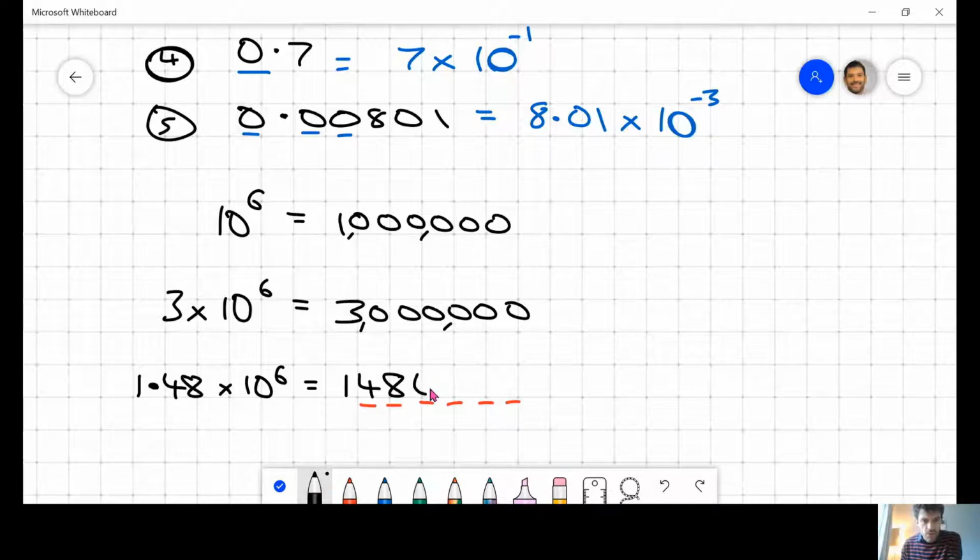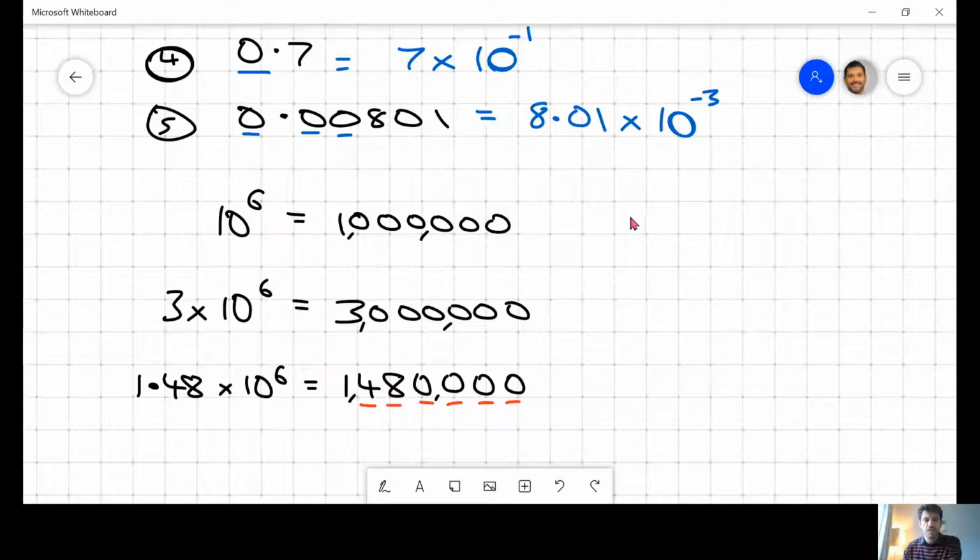So we're going to have to go 1, 2, 3, 4, and then we've got 5, 6. Okay, so it should be, as you can probably imagine, 1.48 million. If this is 3 million and this is 1 million, this is 1.48 million. Let's put some commas in there to check. Hey presto, 1.48 million.